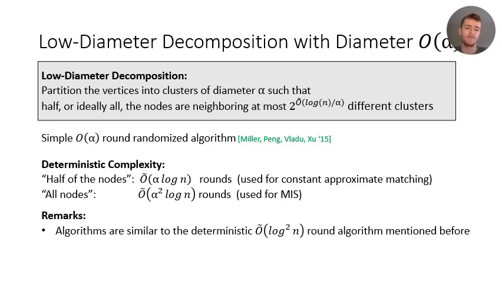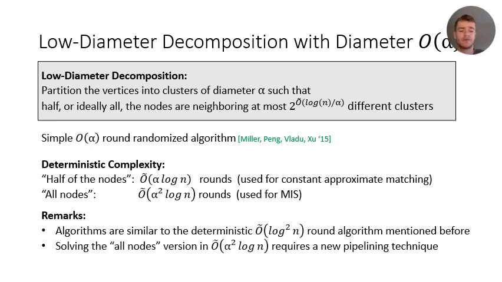However, the version where we want all the nodes to be good actually requires a new idea to really get a round complexity of alpha squared times log n. A trivial adaptation would lead to alpha times log squared n, but we get alpha squared times log n. Solving this all-nodes version requires a new technique which we call pipelining. Okay, so that's all I want to say about the low diameter decomposition.